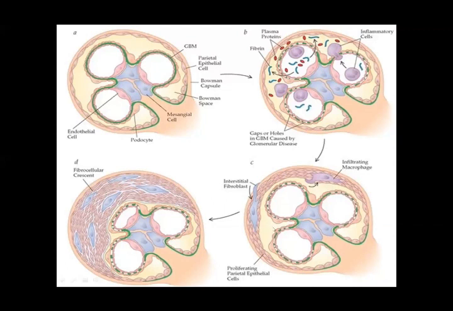That causes oliguria. And since the blood vessels are involved, it causes hypertension as well. The kidney has the juxtaglomerular apparatus, so it will release hormones to cause hypertension as well. So this is what happens.